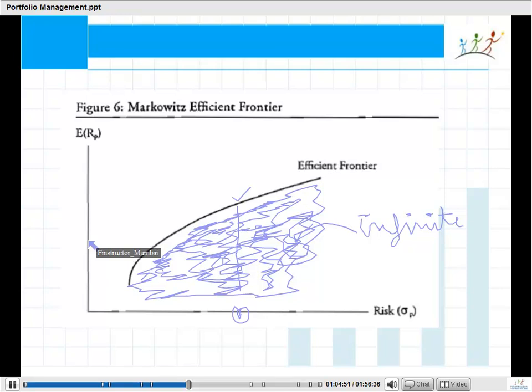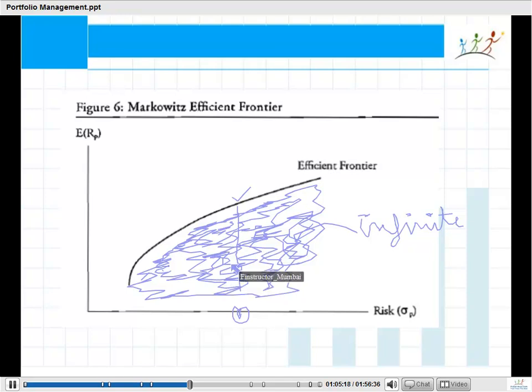Now tell me, which portfolio along this efficient frontier will you actually invest in? We have proved that the investor will only invest along this efficient frontier. Why? Because all other portfolios will have another portfolio which gives a higher return for the same risk.